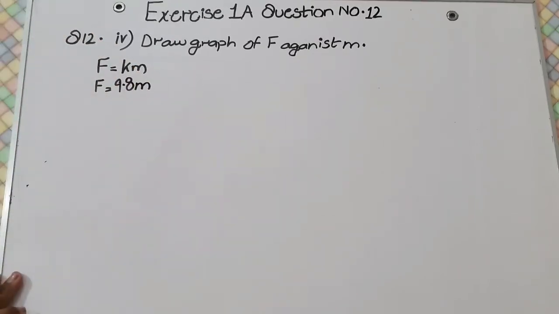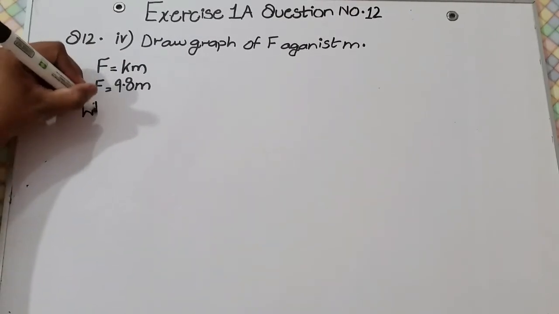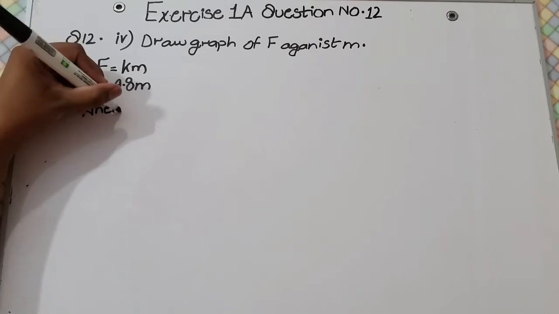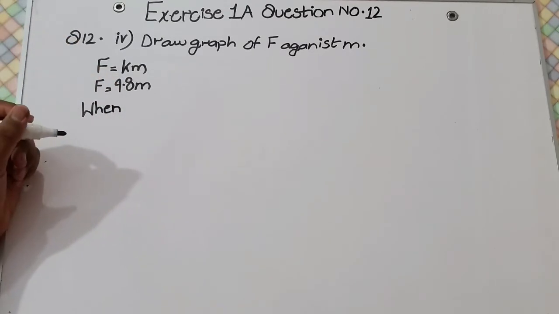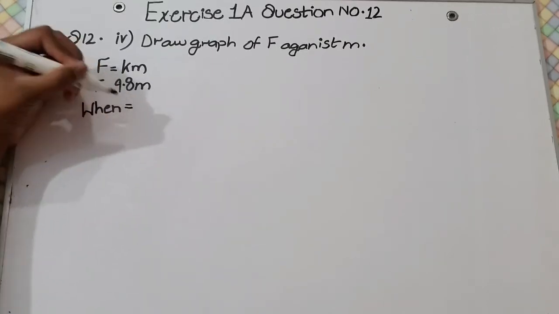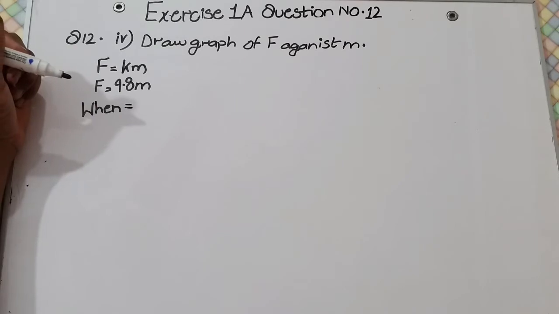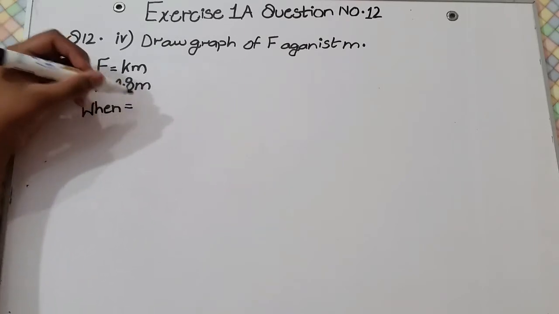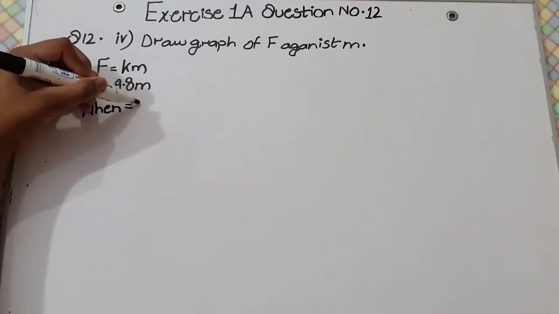We have done this type of question in the previous questions, like question number 10 and 11. So you can first visit that video and watch how to plot a graph, which was the first stage of plotting a graph. Now we move further.